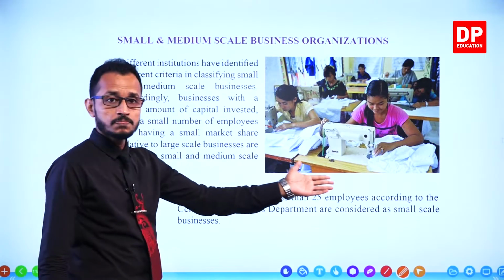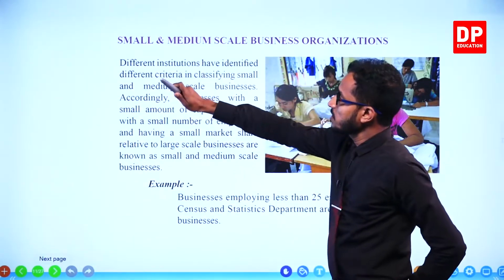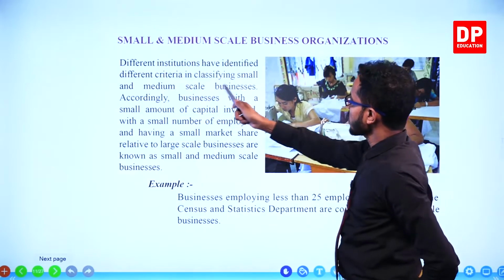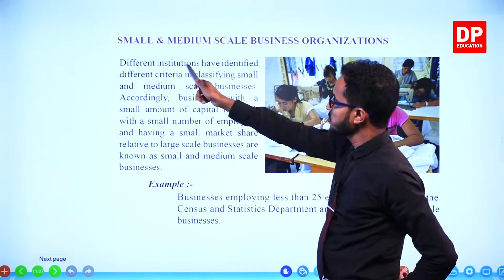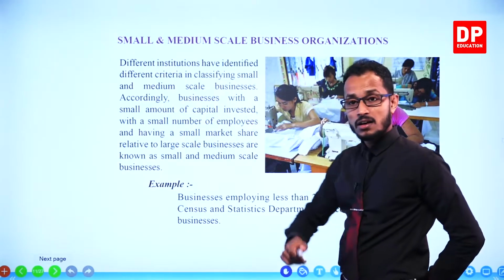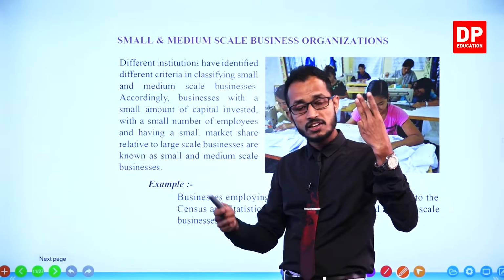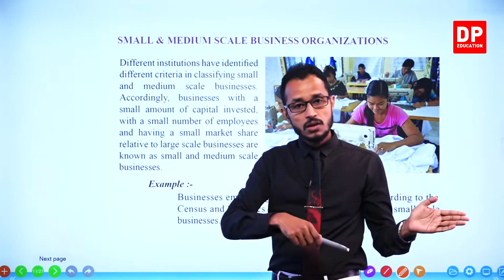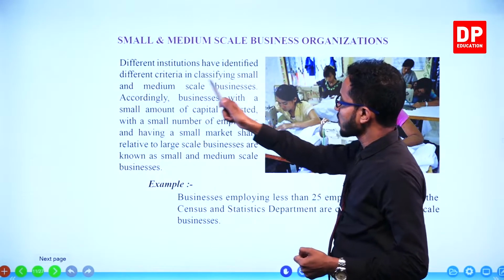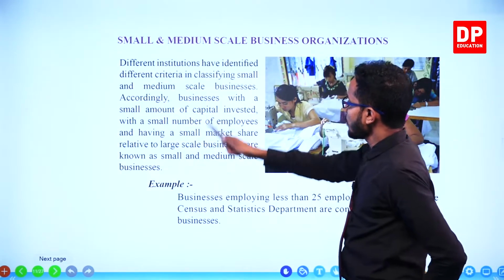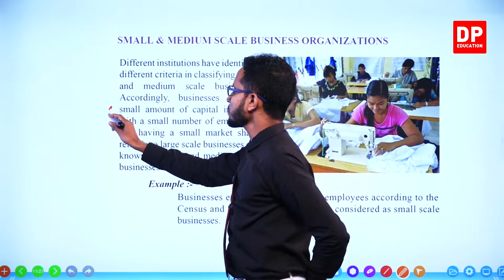Here's your textbook content. We'll read out the text here. Different institutions have identified different criteria in classifying small and medium scale businesses. We talked about 3 criteria to divide business organizations as small and medium or large. Accordingly, businesses with a small amount of capital, here you go, this is the first criteria.